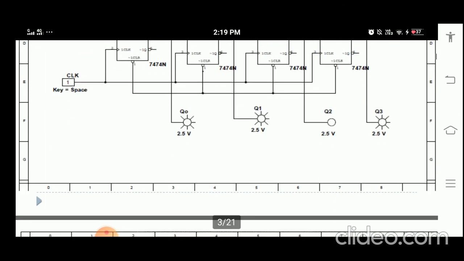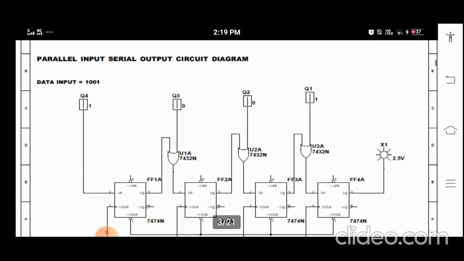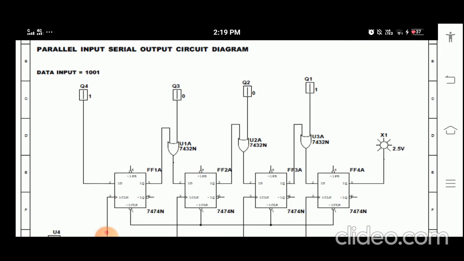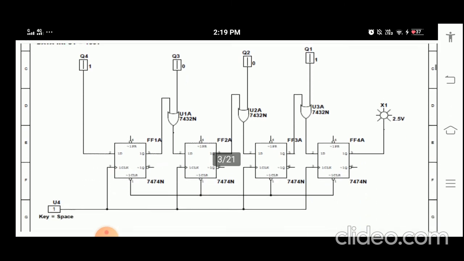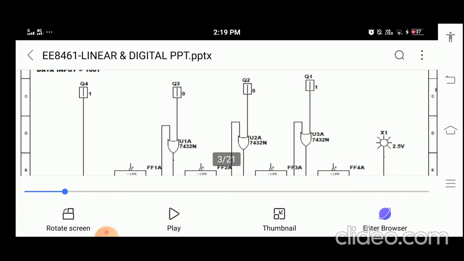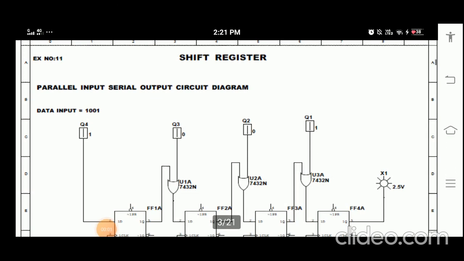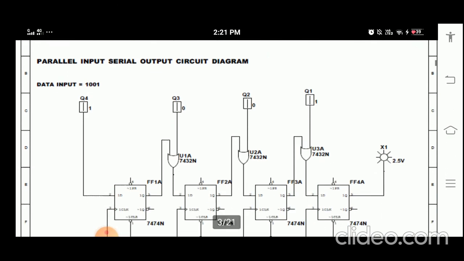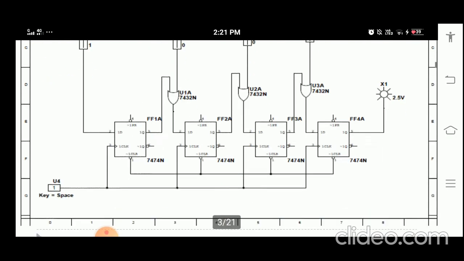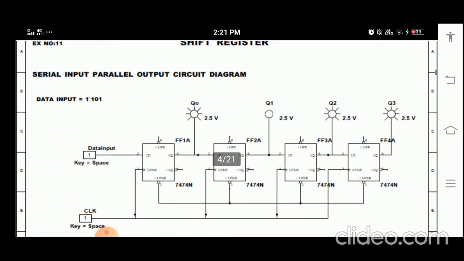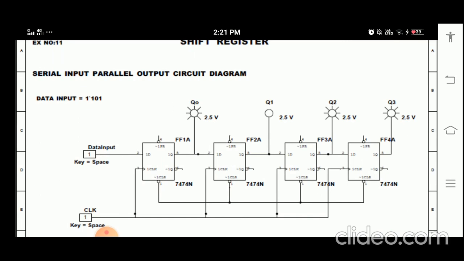Similarly, I constructed the circuit diagram for the parallel in, serial out circuit. Here I'm taking the input as 001, and as per our truth table the LED will glow for this input. The third one is the serial in, parallel out circuit diagram.